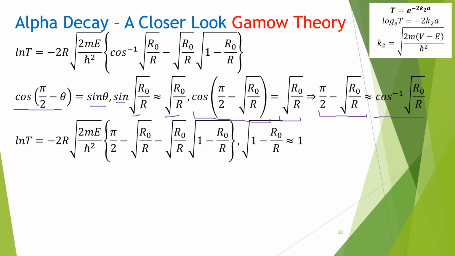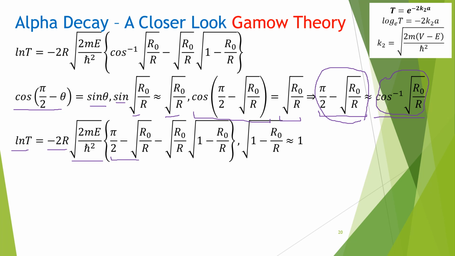Now ln t we are substituting back in this last equation, that is equal to minus 2r under root of twice me upon h cross square. And what we are doing, we are writing cos inverse of this under root r0 upon r as pi by 2 minus under root of r0 upon r.